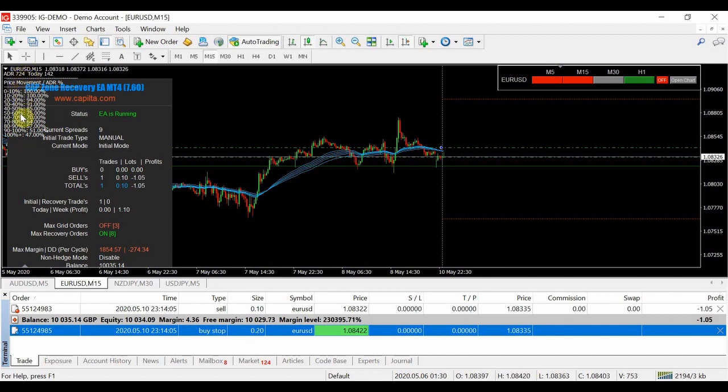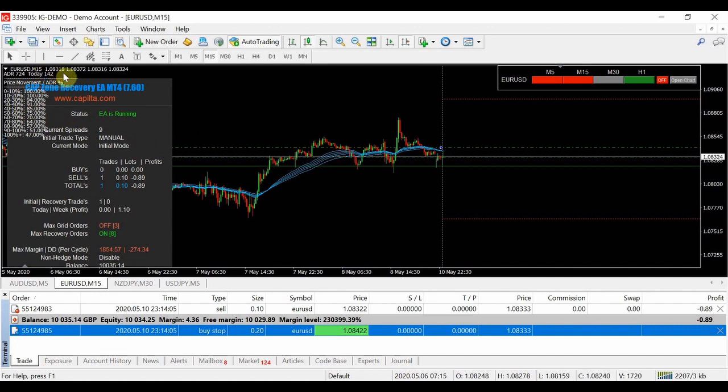So what this is basically saying is that 100% of the time the currency pair has moved 20% of today's ADR. In this case, that's about 14 to 15 points that this pair has done.